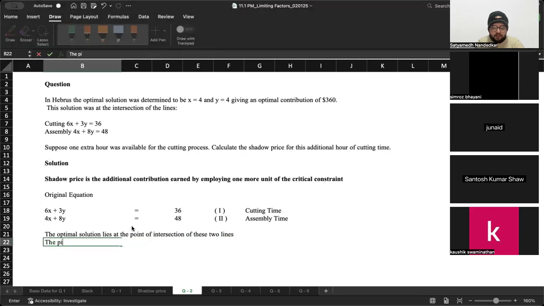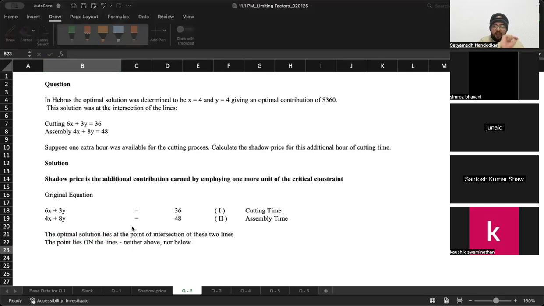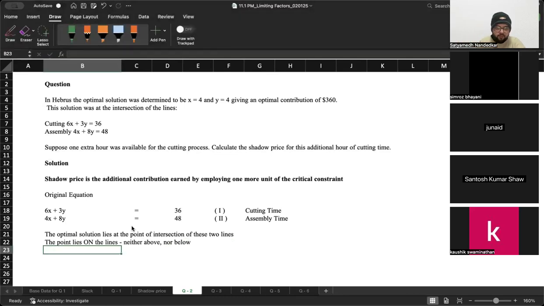the point lies on the line, neither above nor below. This point lies on the line, neither above nor below.